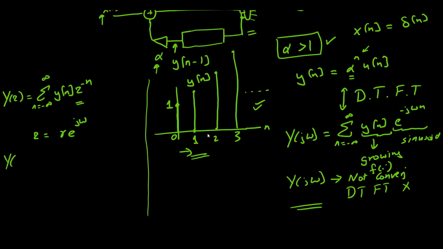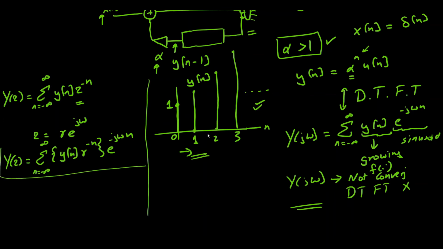So Y of z would be a summation of y of n r to the minus n e to the minus j omega n. Now we have a difference between the z transform and the discrete time Fourier transform.